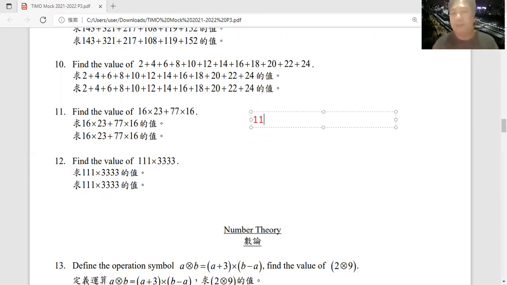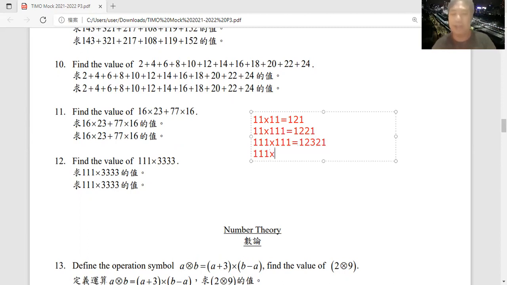So you start with this one. 11 times 11 is equal to 121. And then 11 times 111, which is equal to 1,221. So again, this one times this one will be 1, 2, 3, 2, 1.